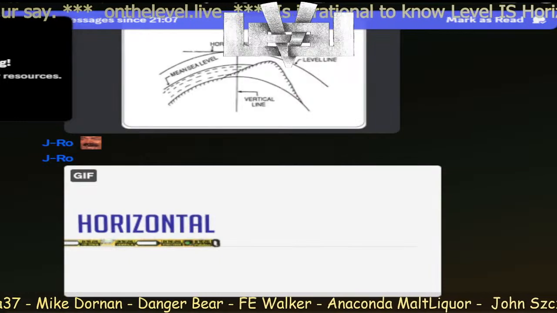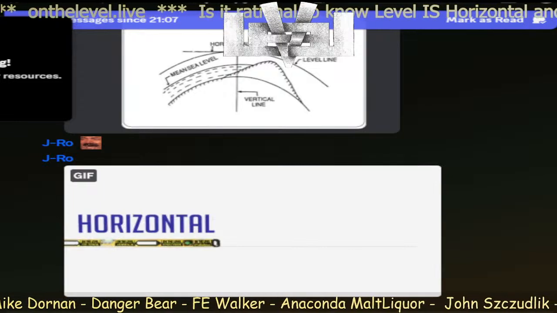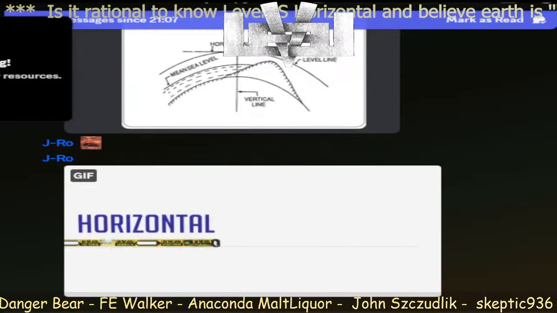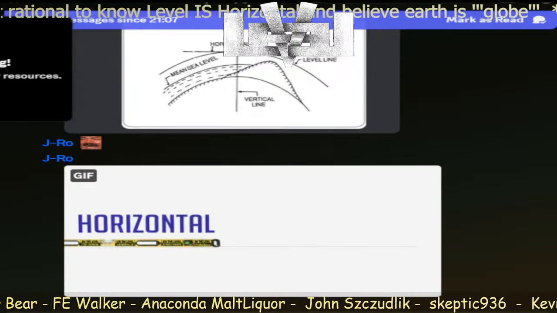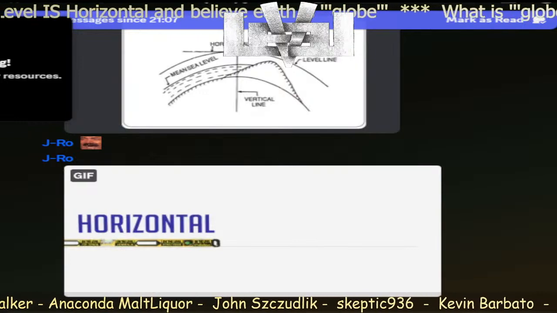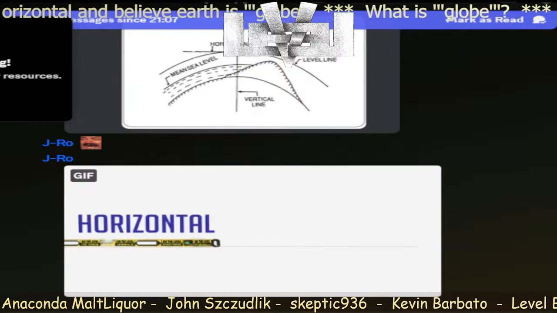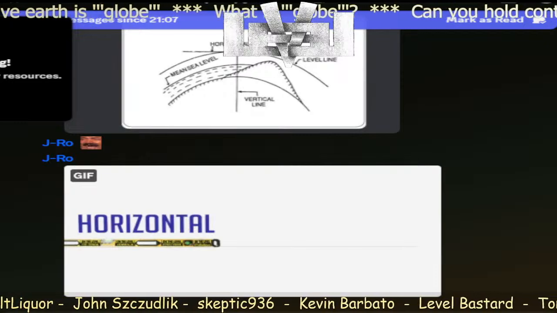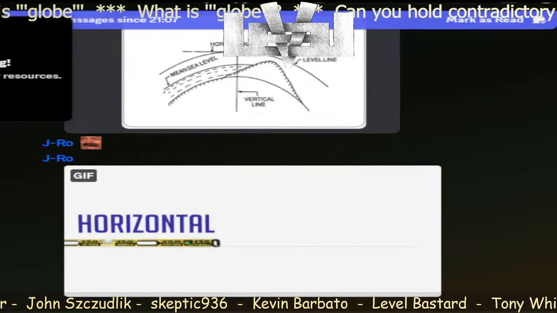No, Charles, we know he can see mountains and valleys. The question is, why is he saying the Earth is measured flat? Because he believes that level is the same as horizontal. That doesn't make the Earth measured flat, Charles. That's ridiculous.